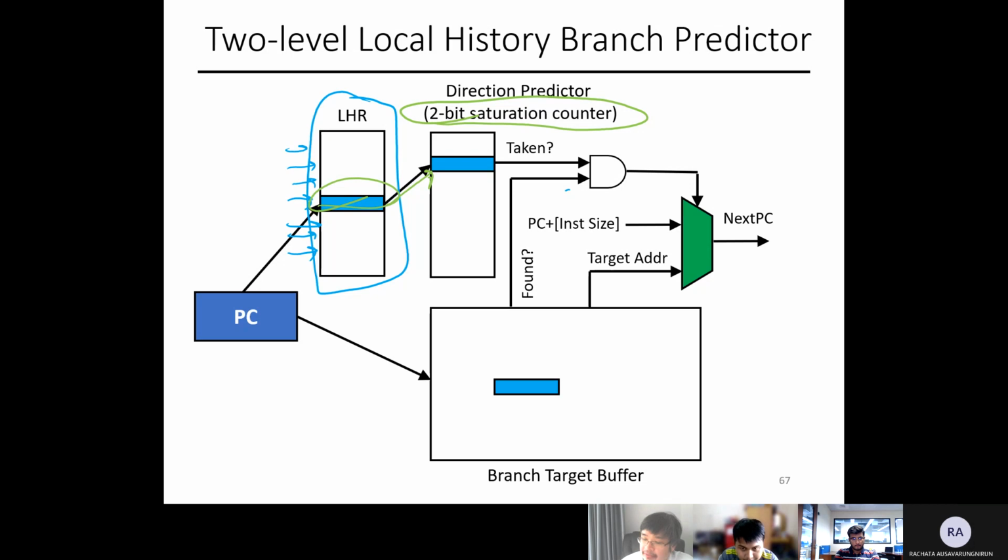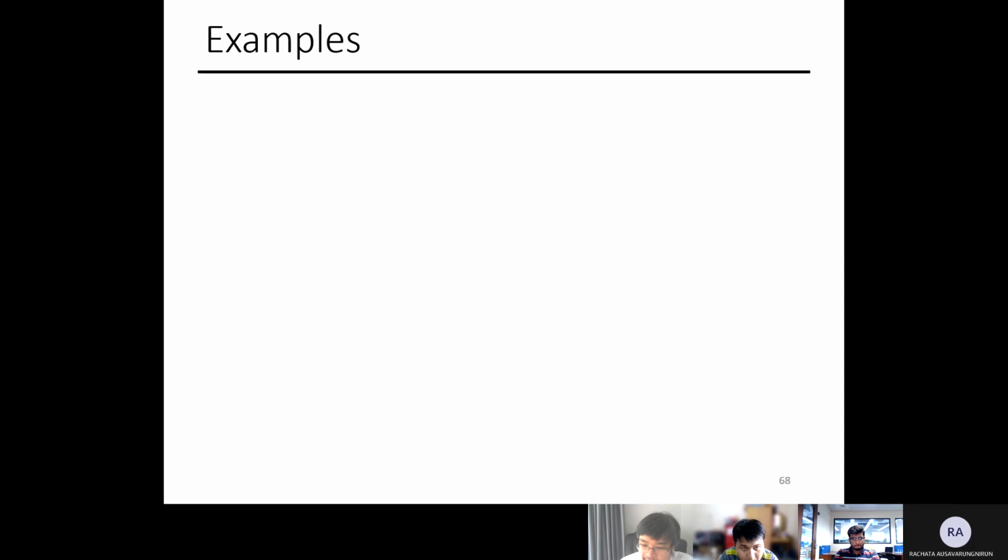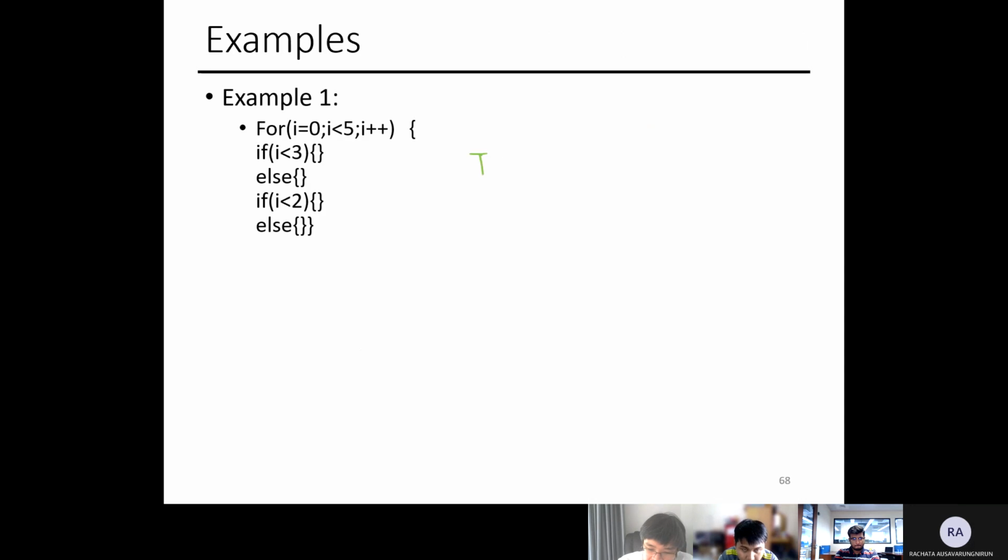Again, I'm going to go through an example with the same code that has this taken, not taken, not taken pattern, and then not taken at the end, right? We'll see how the prediction changes over time, how we keep track of this in the table, and how it shifts over time.